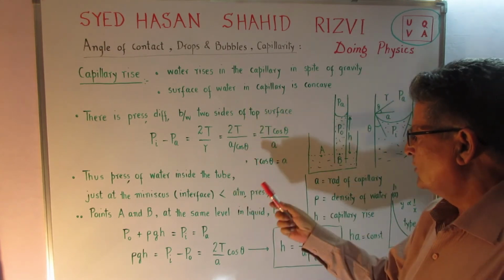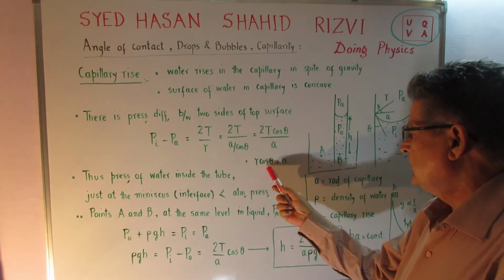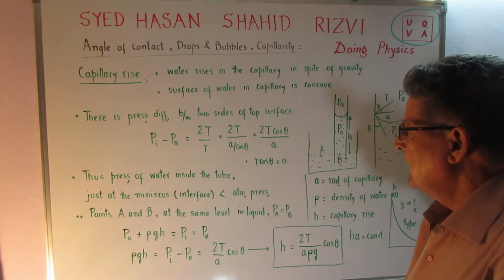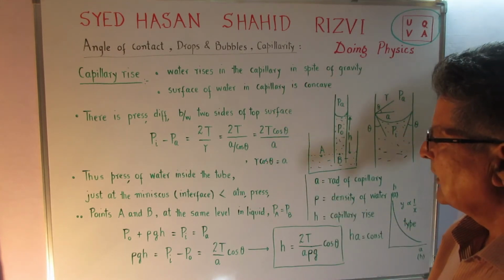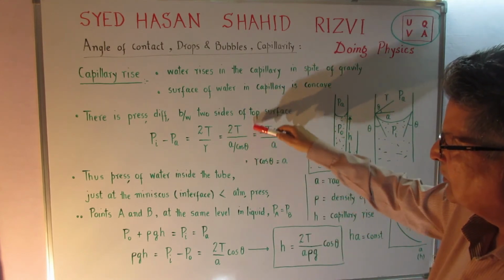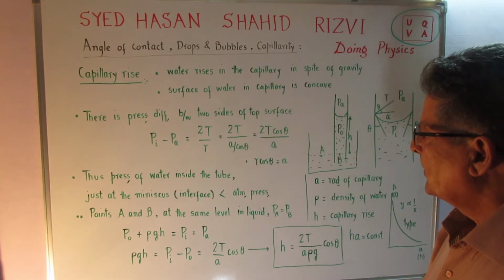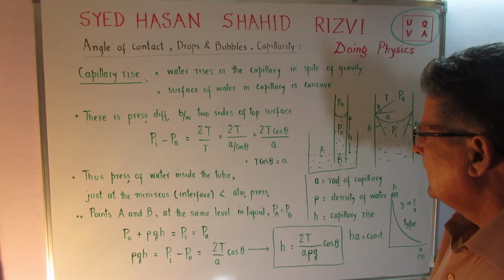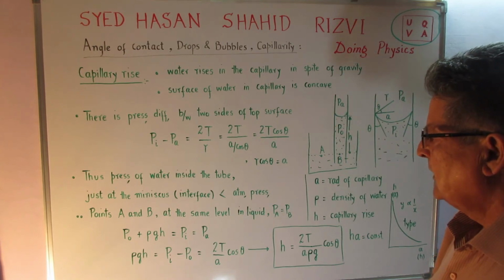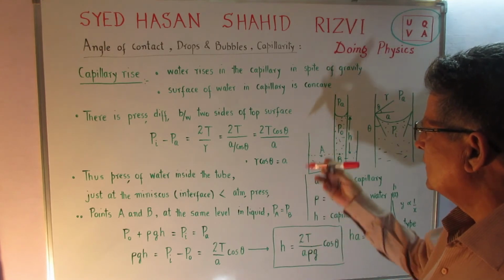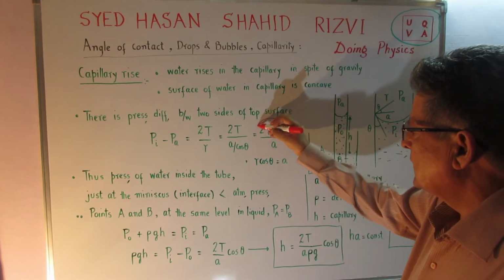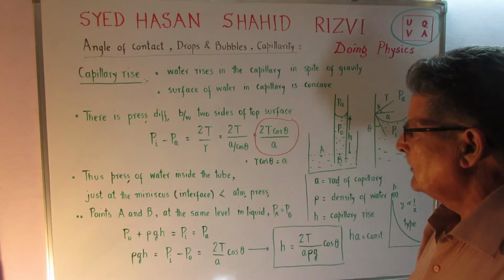Now R cos theta is equal to A, and therefore R becomes equal to A upon cos theta. So I substitute that value, and I get the pressure difference to be 2T cos theta upon A, which has been given over here.